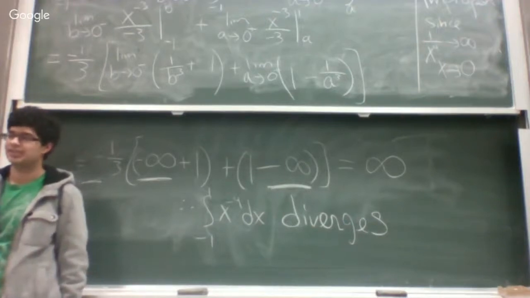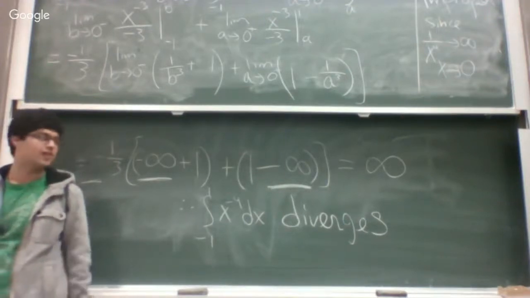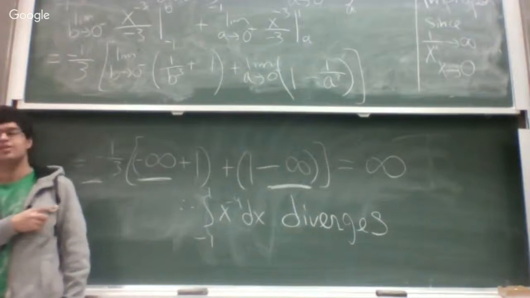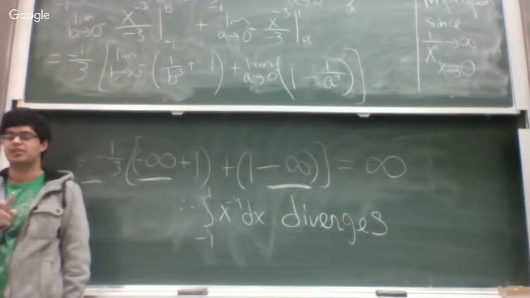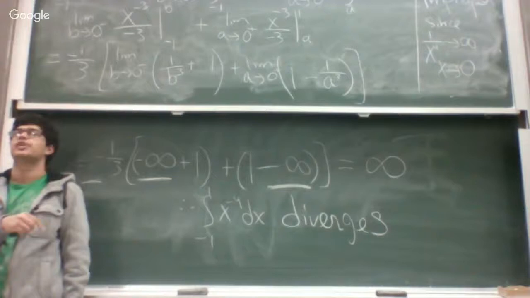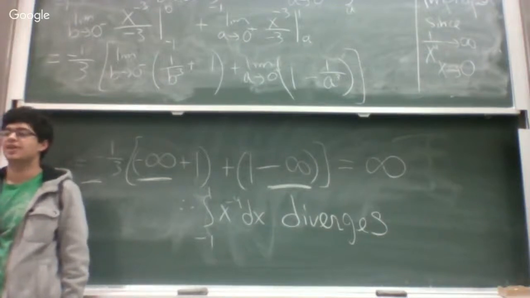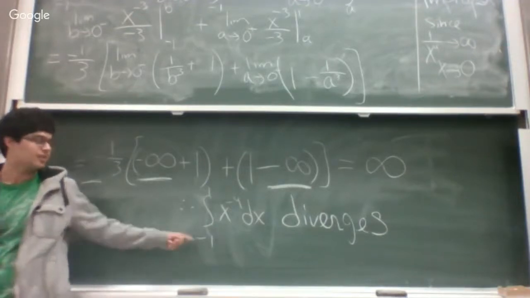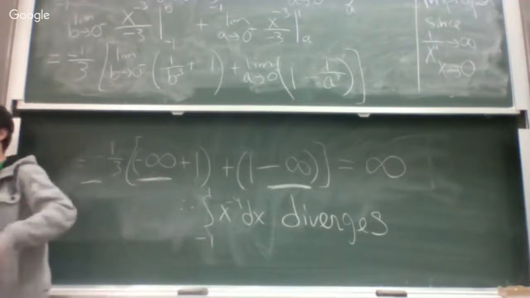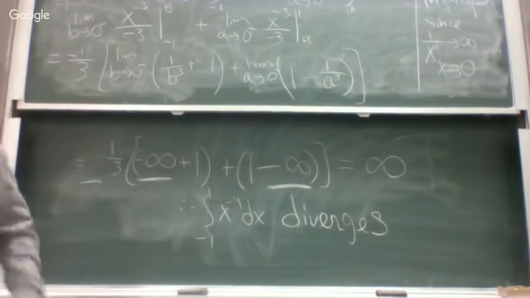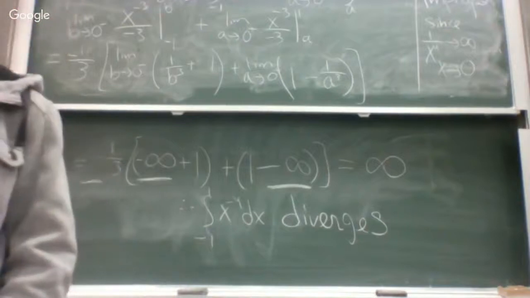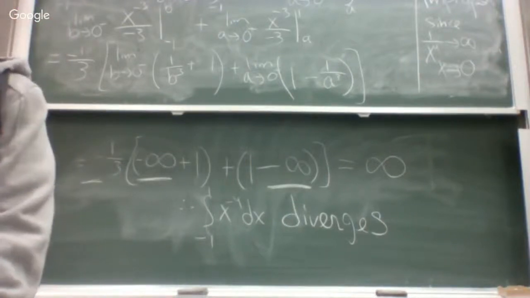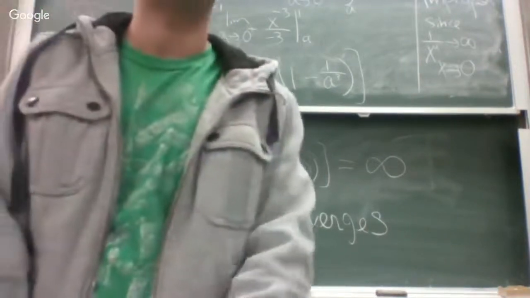Now say if it was like 1 over x cubed or some similar function, the area turns out to be a number, then you will be able to paint that wall. So even though this is limited from negative 1 to 1, you'll never be able to paint it.